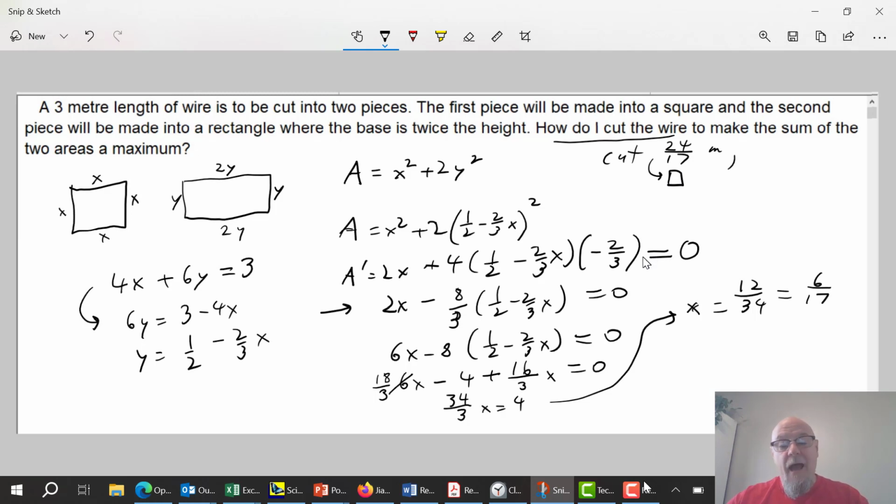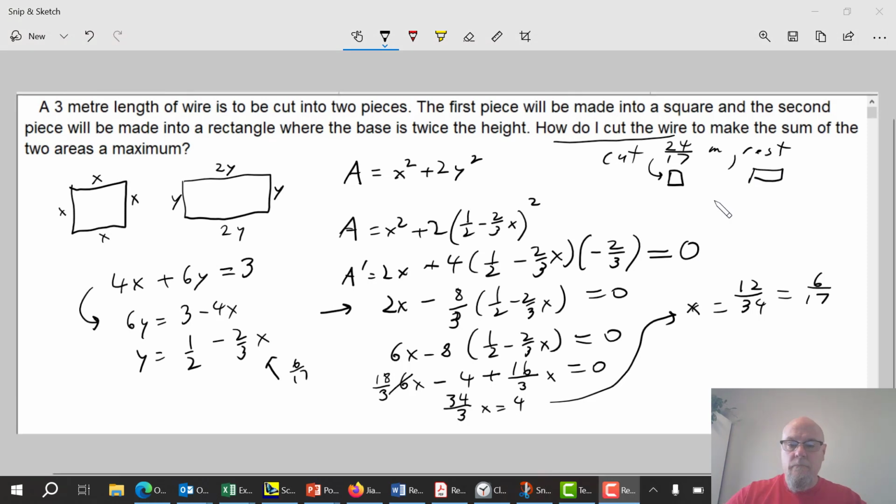And I guess I could say use the rest to make the rectangle. I could also figure out how much the rest is by plugging x equal to 6/17 into here and getting y. I'm going to be lazy and just write use the rest for the rectangle. And that's answering the question, kind of.